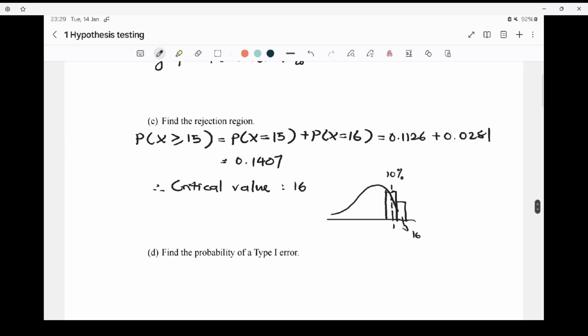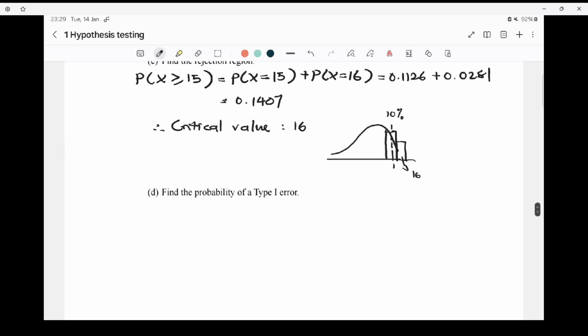So then what is the probability of type 1 error? Just now I mentioned that if it is a discrete random variable, then the probability of type 1 error would be just the probability at your critical region, which is P(X = 16), and this is 0.0281.